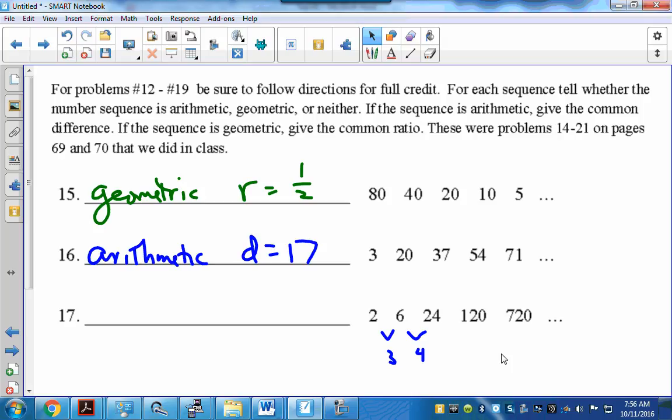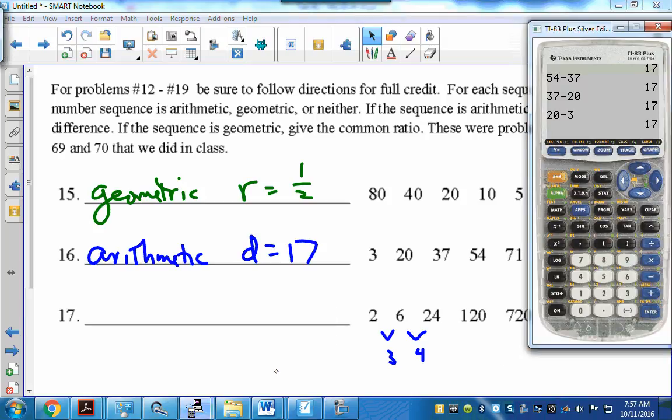And again, feel free to use your calculator. I have no trouble doing this if you want. 6 divided by 2 is 3, but 24 divided by 6 is not 3, it's 4. And if you divided 120 by 24, you get 5.